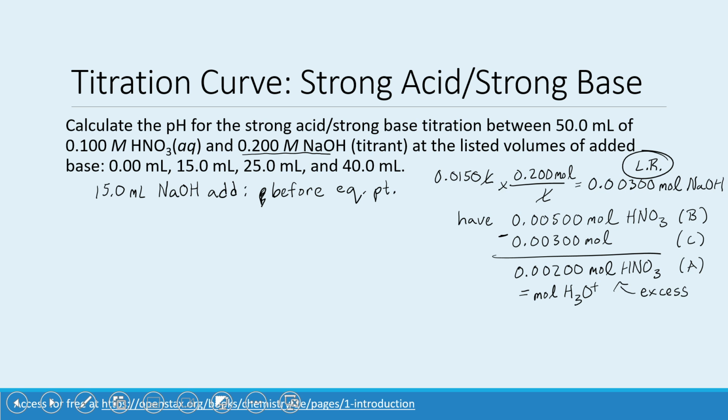But what we have here is moles of the hydronium ion. So we first have to figure out what the concentration is in molarity. And so we've got to divide by the total volume of the solution. So we added 15 milliliters of sodium hydroxide to the original 50 milliliters of the analyte.